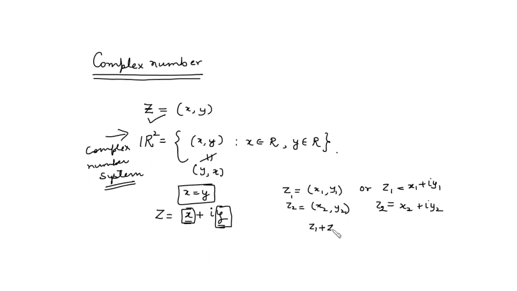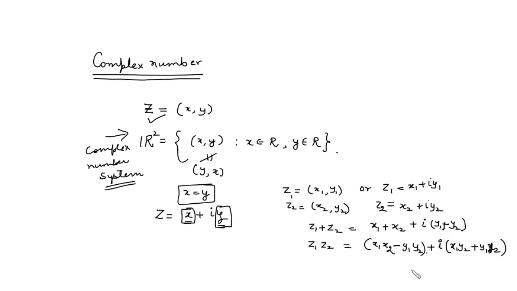Then z1 plus z2 is (x1 plus x2) plus iota times (y1 plus y2), and z1 into z2 is (x1 x2 minus y1 y2) plus iota (x1 y2 plus y1 x2).